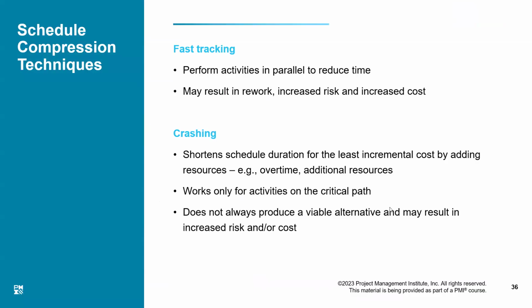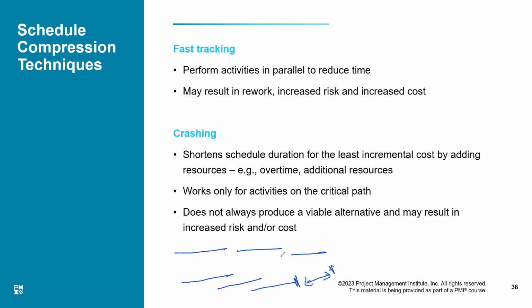What is fast tracking? Originally, I planned to do these three activities in sequence. Now I'm going to apply some lead between the activities and overlap them. Between these two activities, I applied a lead and I'll be finishing the project here. That much of time I can save. This is fast tracking.